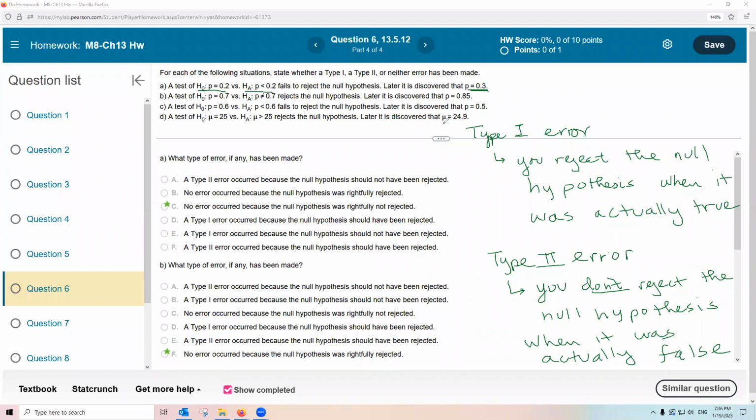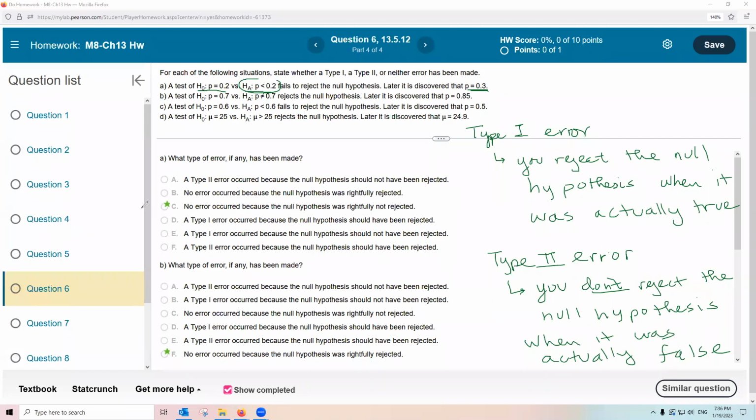Well, if p is equal to 0.3, the alternative is saying that p is less than 0.2, which it's not. So really, we should fail to reject the null hypothesis. And that's what we did. So we didn't make a mistake at all.